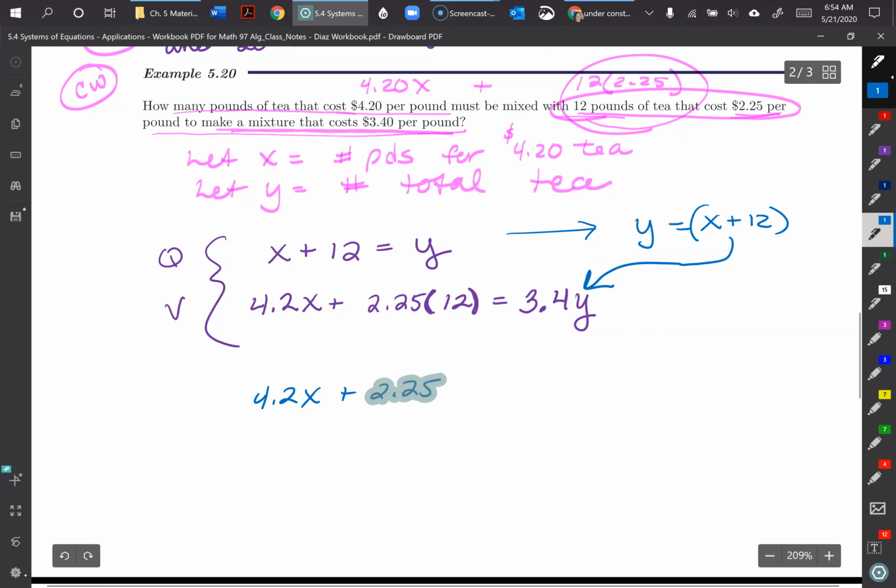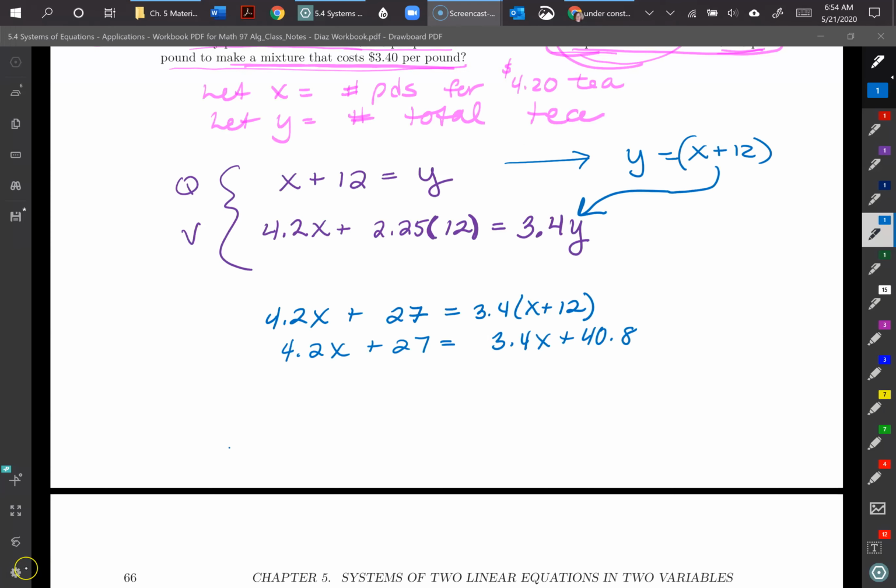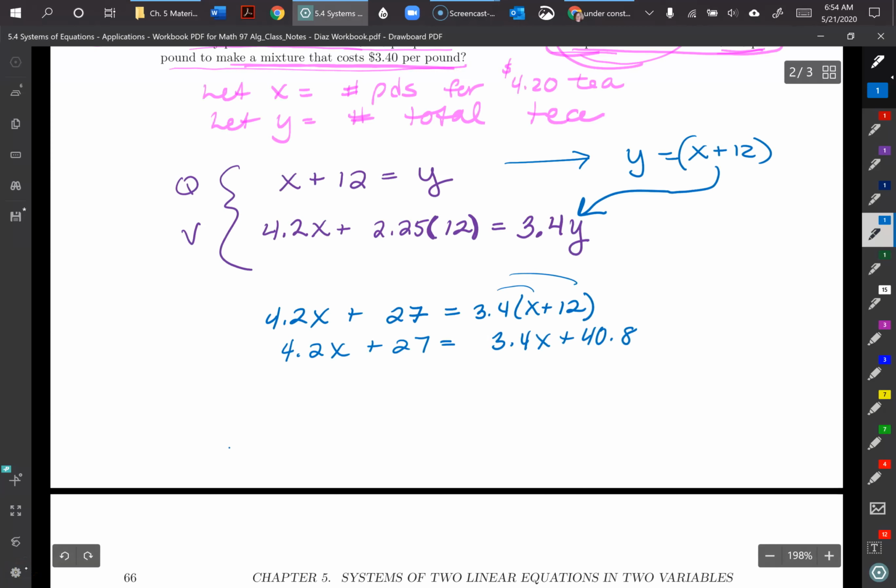I'm just going to go ahead and calculate that out. That comes to 27, equals 3.4 times x plus 12. And then I distribute here, I combine any like terms, I just do my solving process. So go ahead and pause and do that, and I'll finish this up here.